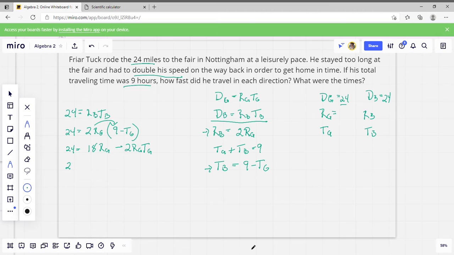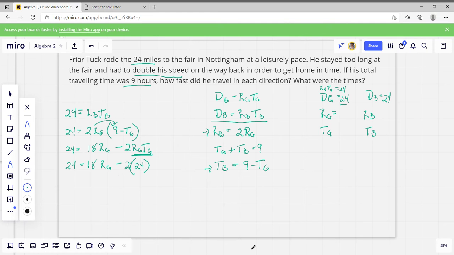So we're going to say 24 equals 18 times our rate going minus 2 times 24. RGTG is going to be equal to 24 because that's our distance. That's our rate times time going equals our distance going, which is 24. That's the key to this equation. These types of equations is finding this double variable and substituting in.